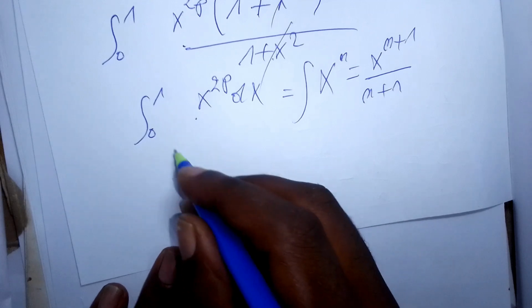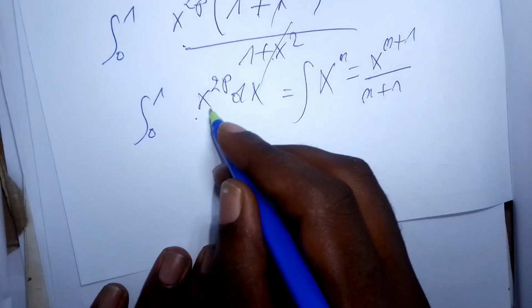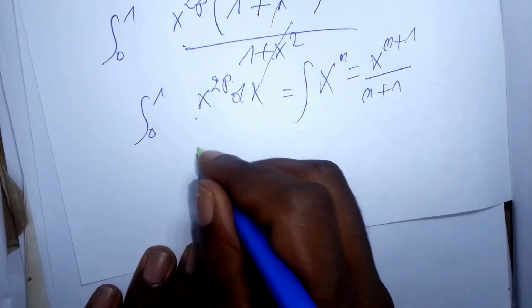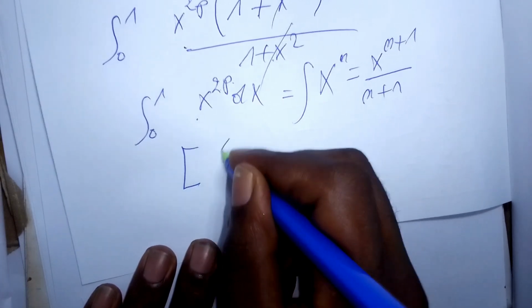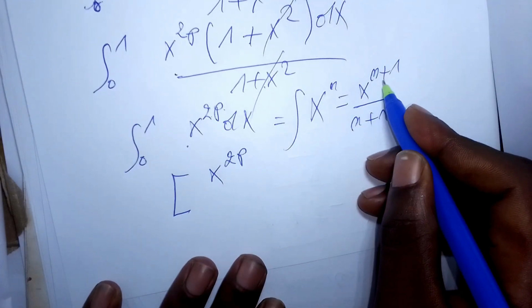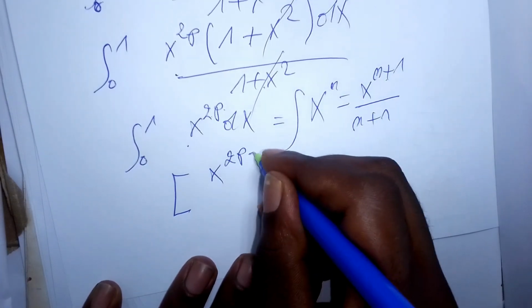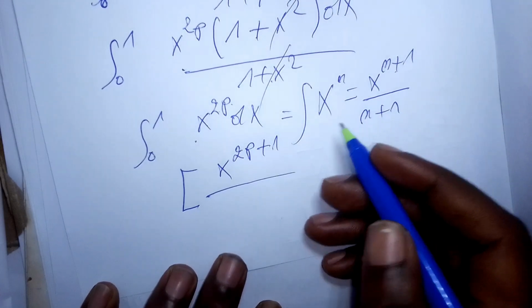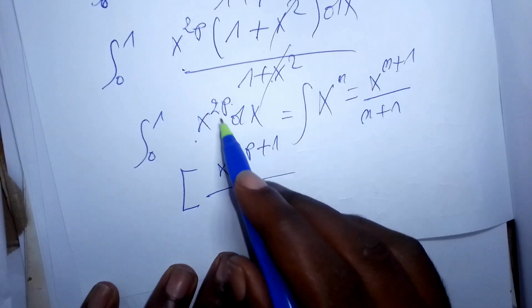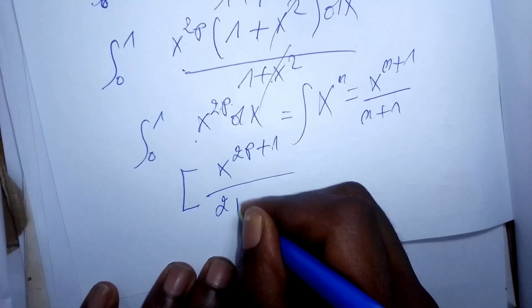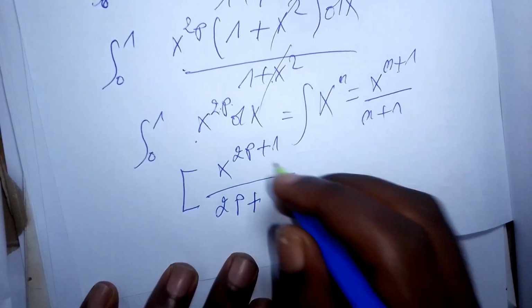We have x power 2p, so the integration of that uses this formula where we add 1, over n plus 1, so we have 2p plus 1.